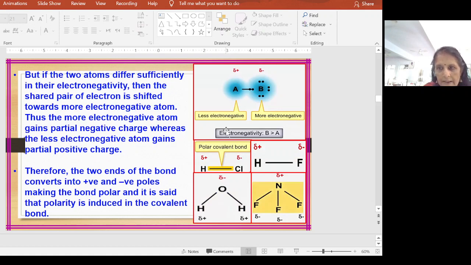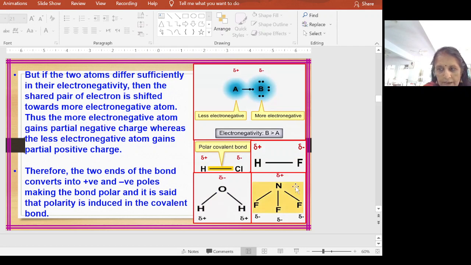Here are many examples given. In HCl, you know that chlorine is more electronegative than hydrogen. So this is again an example of a polar covalent bond. In HF, F will develop delta negative, hydrogen will develop delta positive. In the water molecule, the two hydrogen atoms will have delta positive and oxygen will have delta negative because there will be polarity due to the difference in the electronegativity.